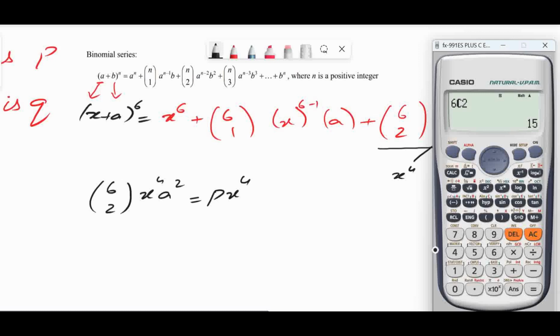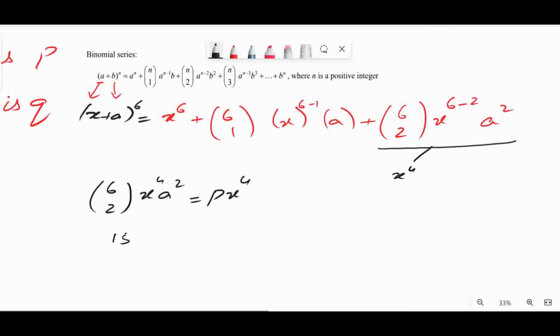So we can write 15x^4 a^2 equals px^4. We can cancel out these two, or equate coefficients, which means p will be equal to 15a^2. Simply note down this one.